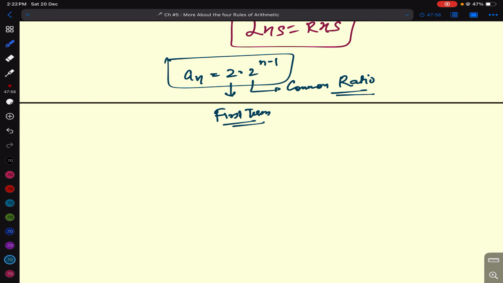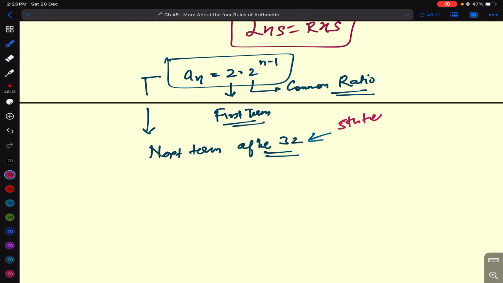Now suppose you have to know the next term after 32, which was your last term, right? So how do we do that? 32 was your fifth term, so that means what is the sixth term, which is your next term? How do we do that?